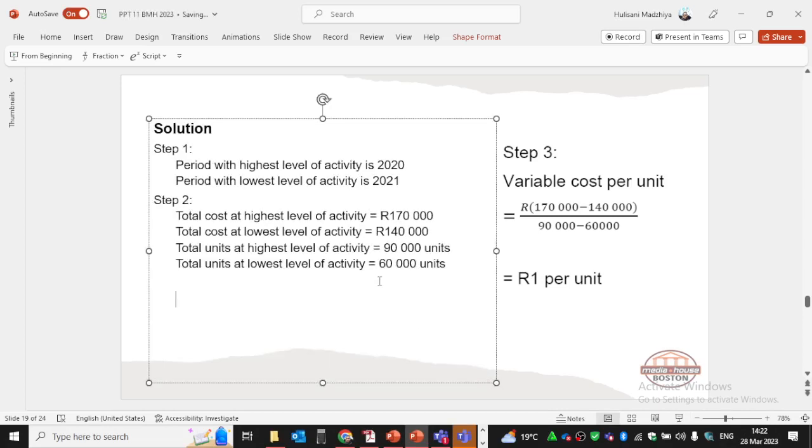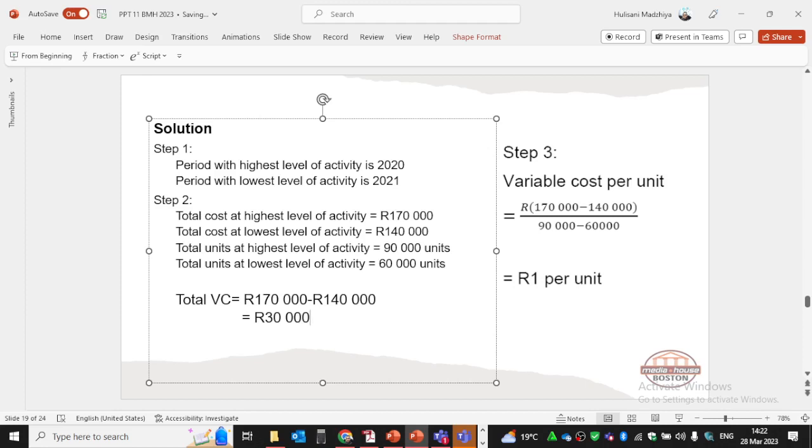So for you to calculate the total VC, the variable cost, it will be 170,000 minus 140,000. All of this will be equal to 30,000.